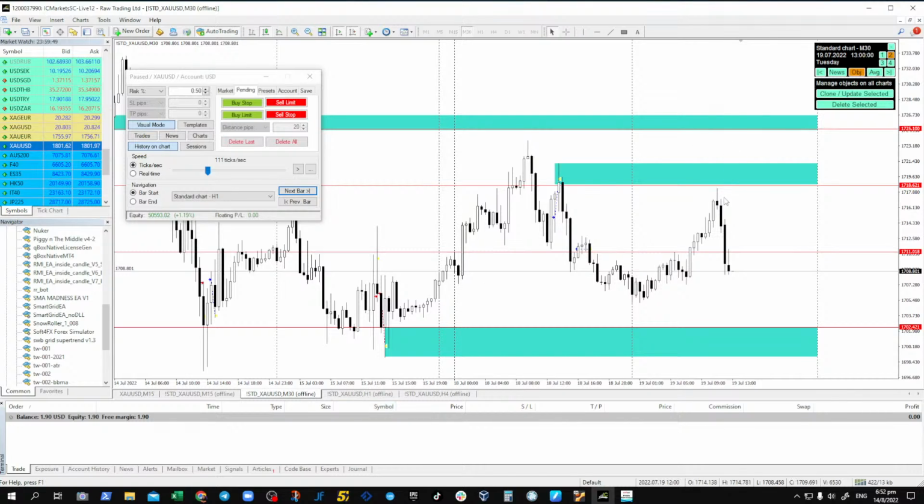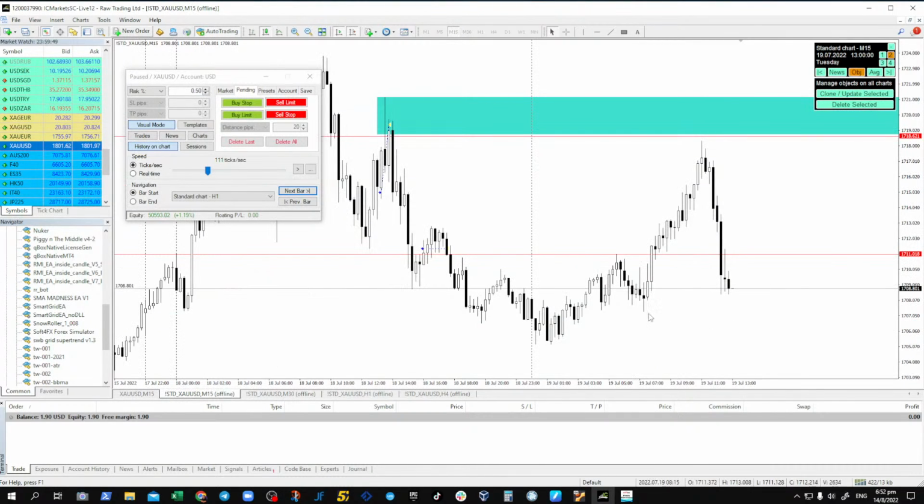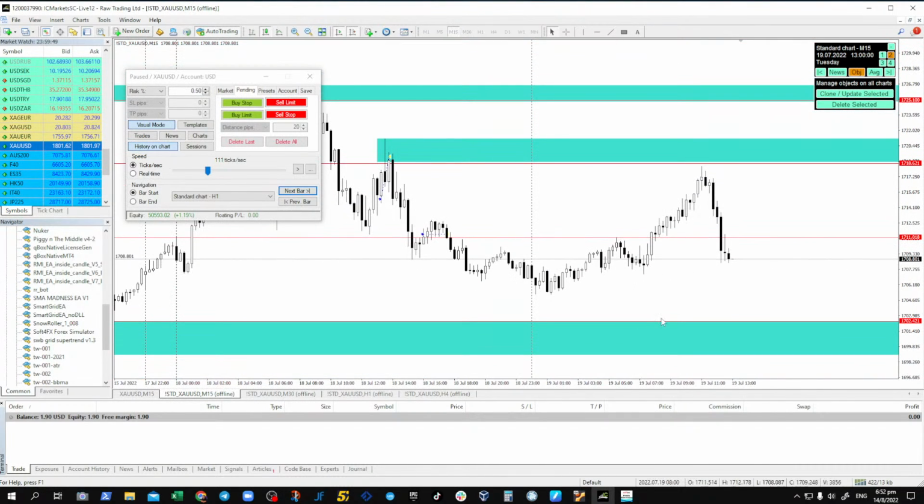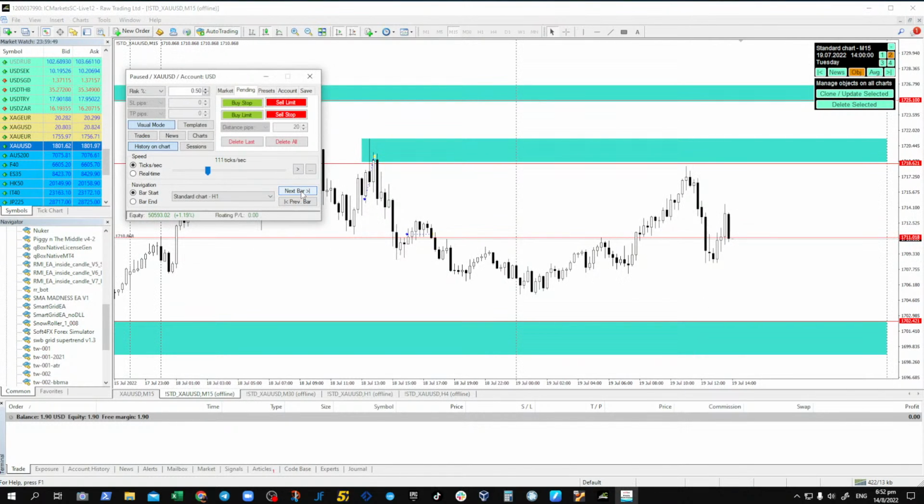So we missed this trade. It's a good sell. Let's just wait for price to react to this demand zone or whatever it is. Okay, so as you can see here, it goes up. There's an M15 zone here. Seems like it respects this zone.